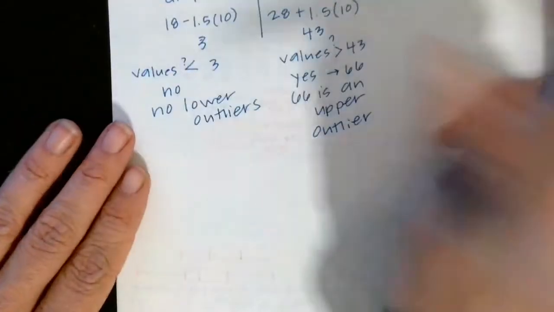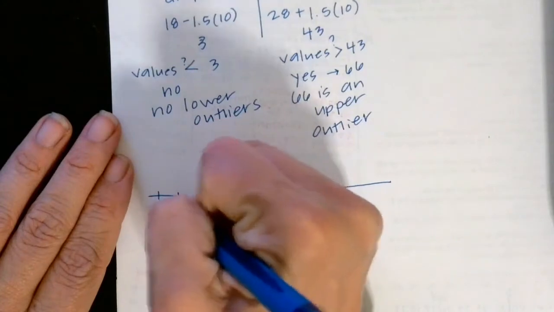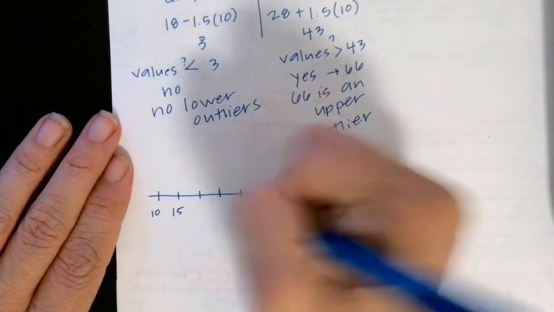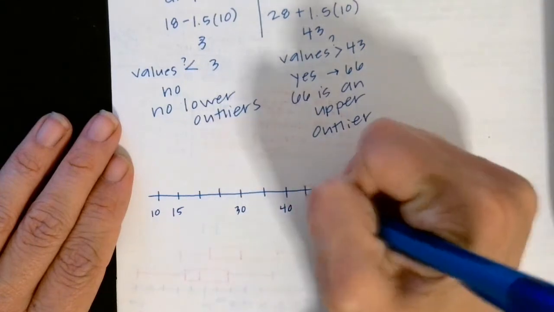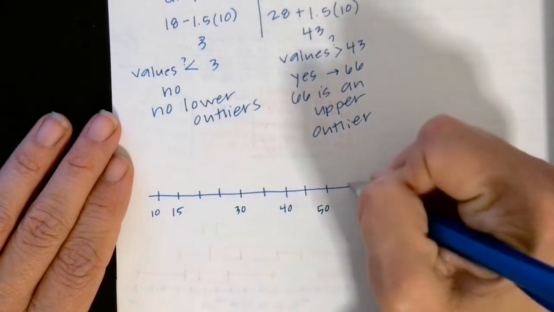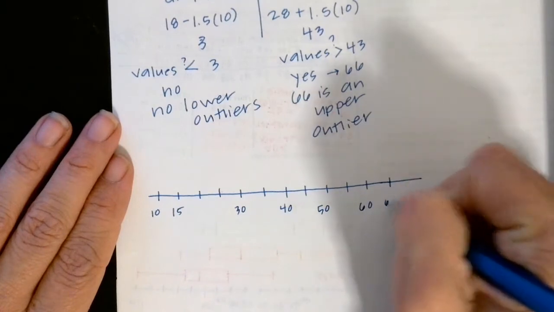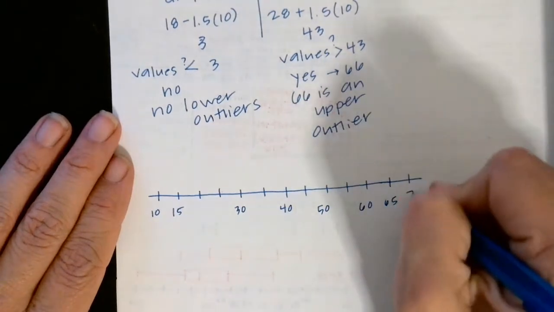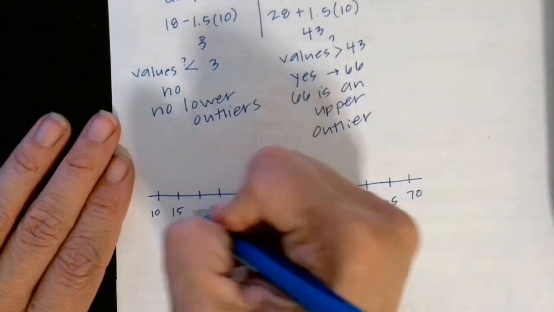So I'm going from 13 to 66, so I'm going to go by 5s: 10, 15, 20, 25, 30, 35, 40, 45, 50, 55, 60, 65, and 70. Anywho, we can fill these in.